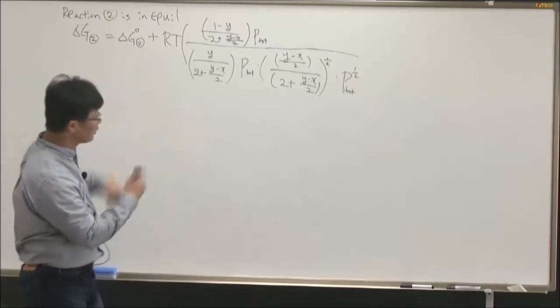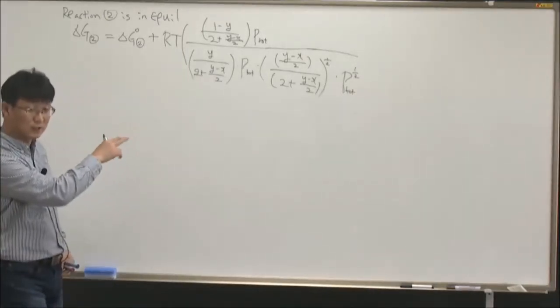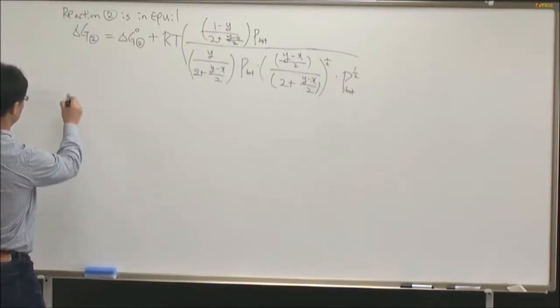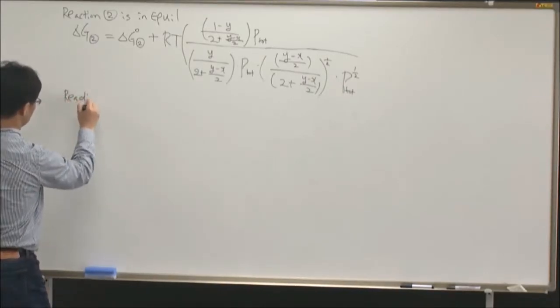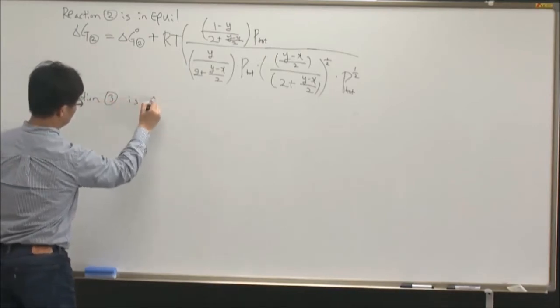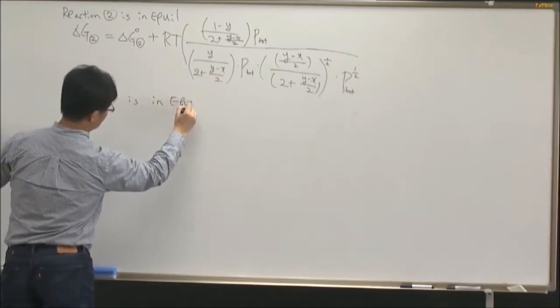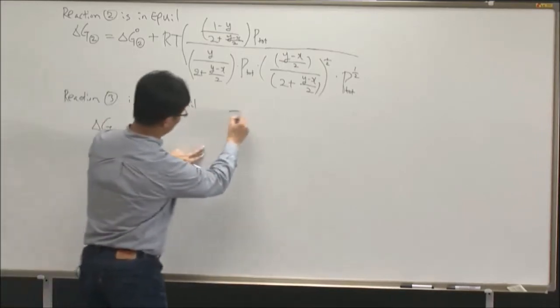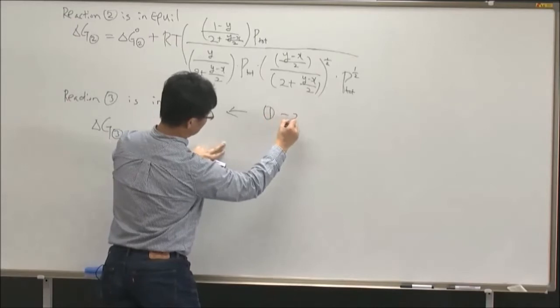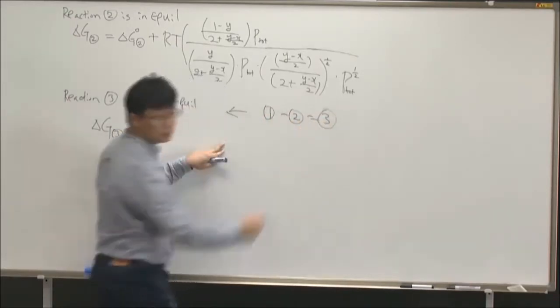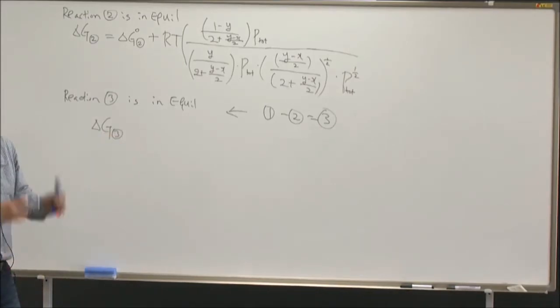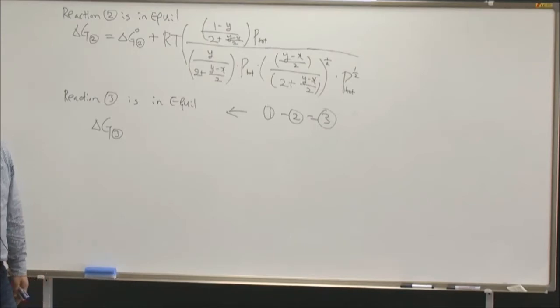And if you actually use the third one as the independent equation, you can get a little bit simplified version. So for example, if you take a third one, delta G naught 3, and this third one is a combination of 1 minus 2. Okay, so we can just cancel out oxygen. Then at least the y minus x over 2 term will be just eliminated here.